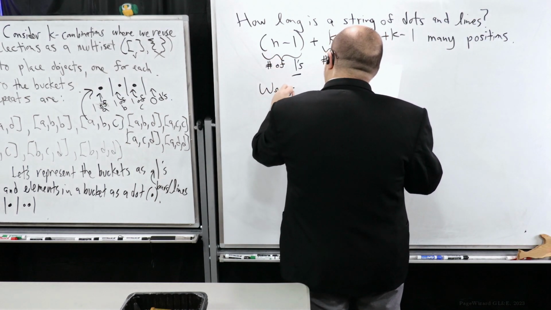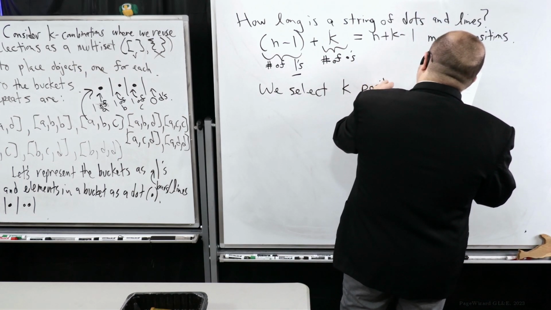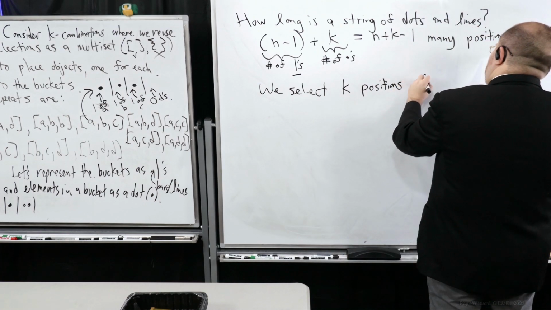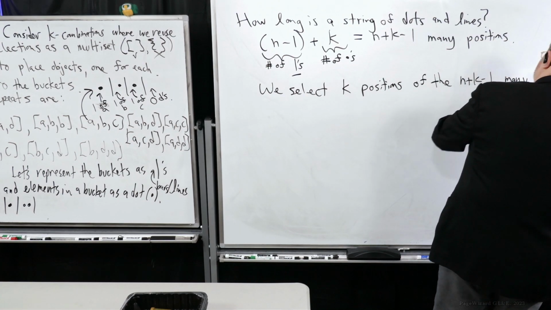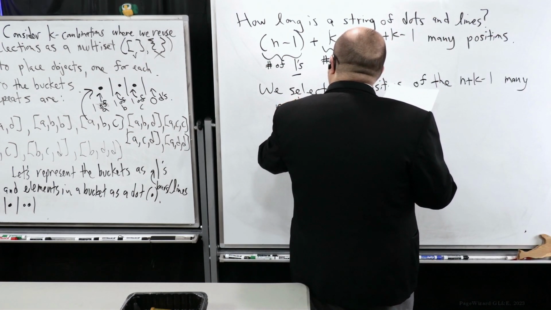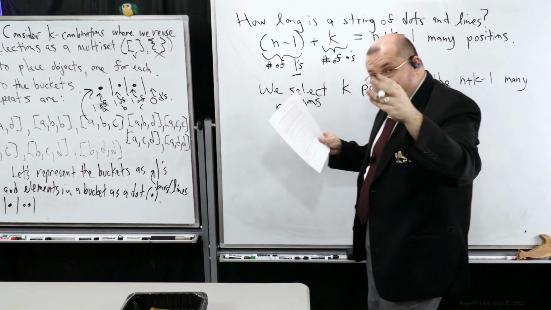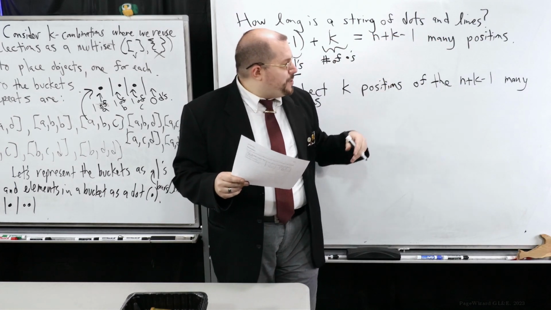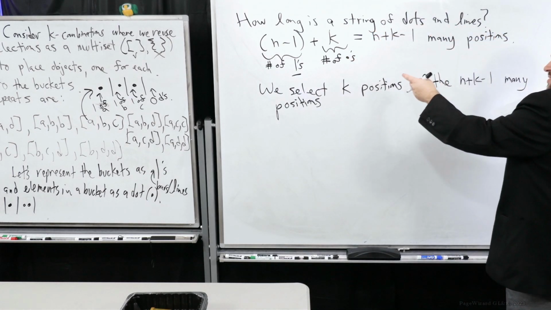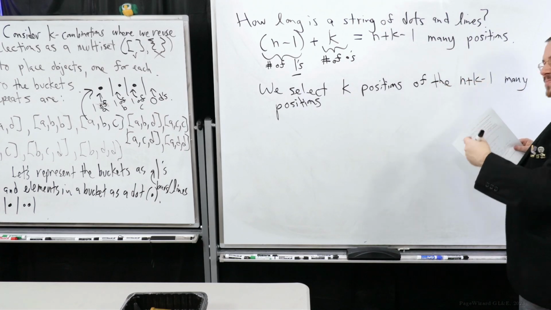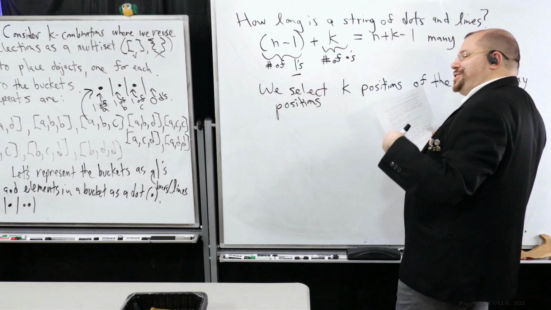So we select k positions of the n plus k minus 1 many positions. Just to be very clear, you would imagine this as a set that goes 1, 2, 3, 4, 5, 6, 7, 8, 9, where the last position is n plus k minus 1. And then you ask how many k combinations there are when you select over this set. And that's exactly what we're dealing with. It's just an extra elaboration on this idea.